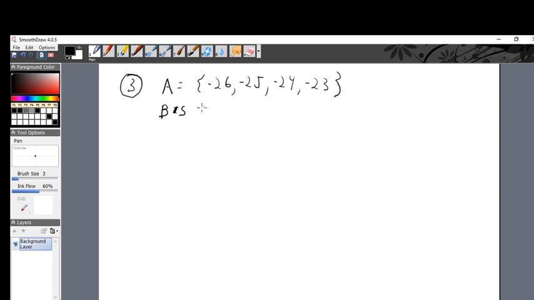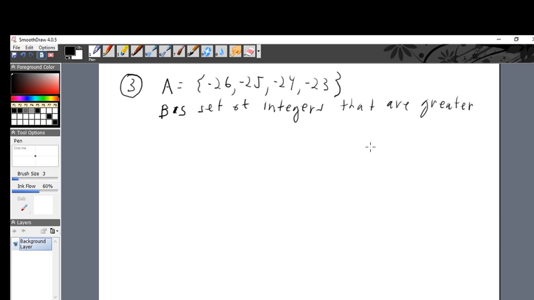B is the set of integers that are greater than or equal to -5, and less than or equal to 2. I'll put it all in English.